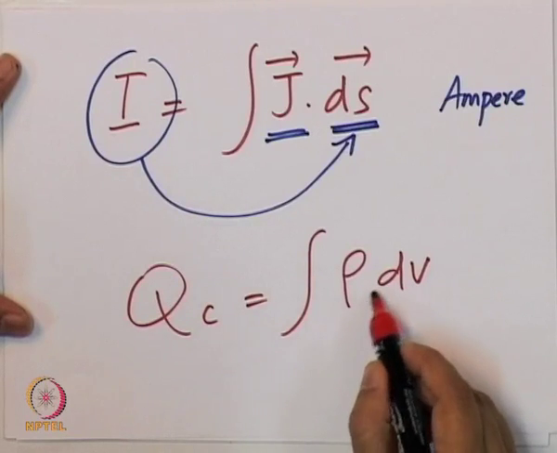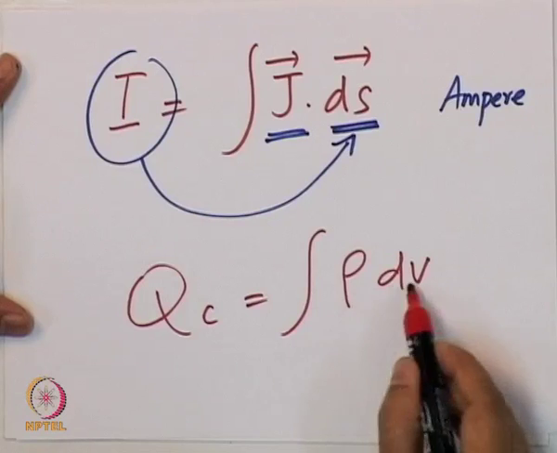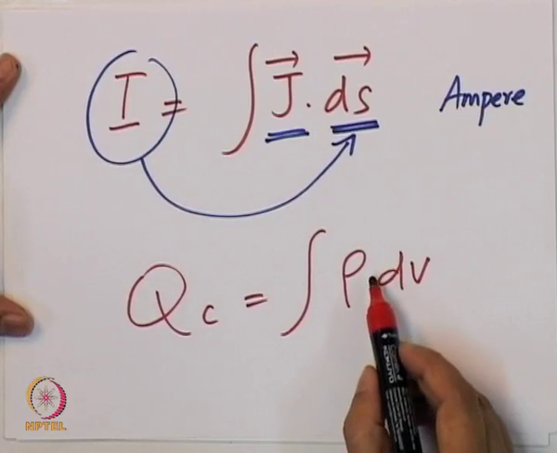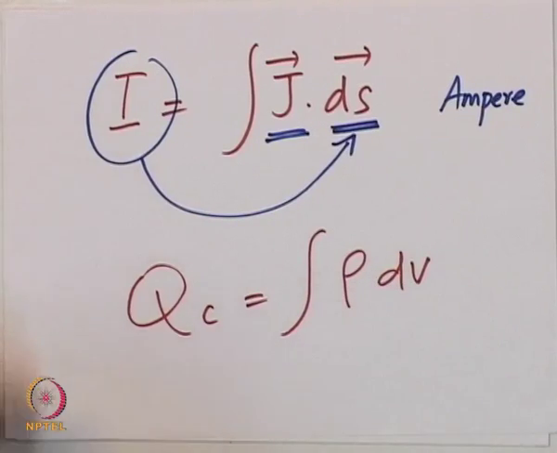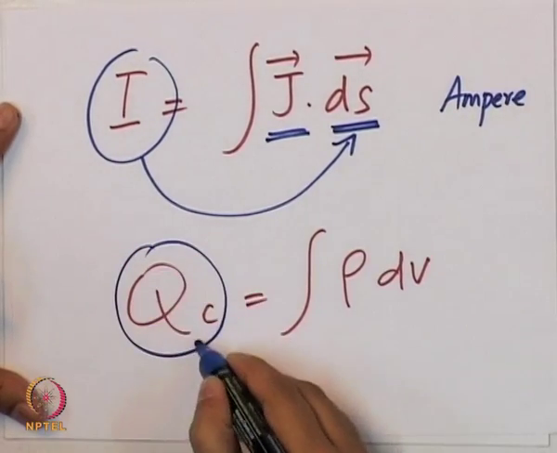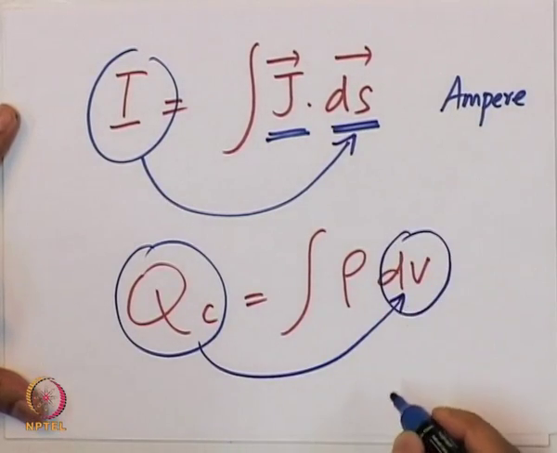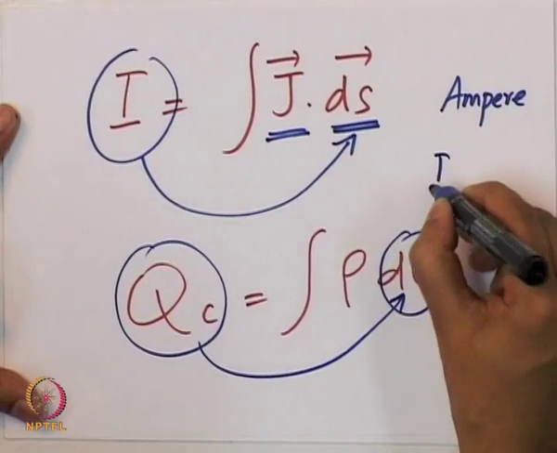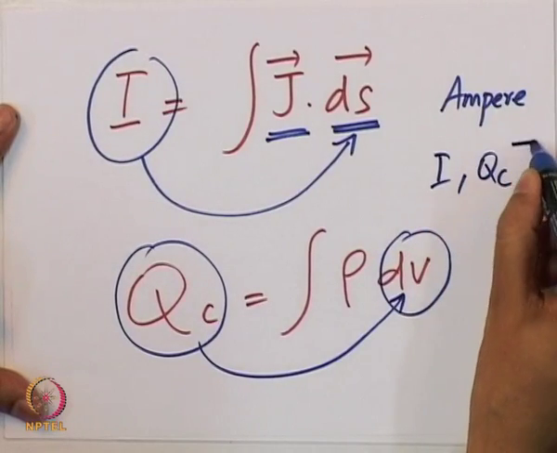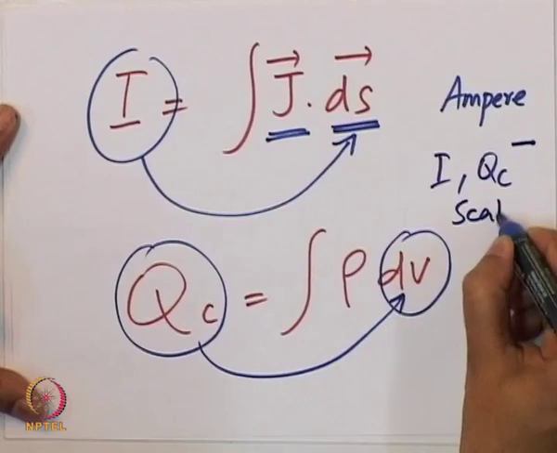Please pay attention that this is not a dot product, both values are scalars. So here the association is with respect to the volume. Again I and Q_C, they are scalars.